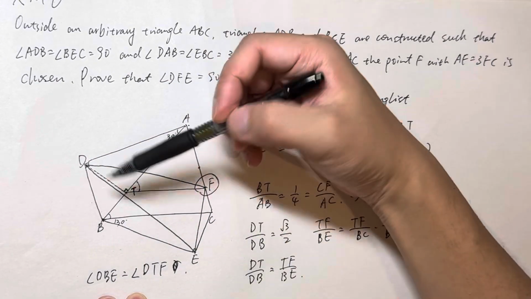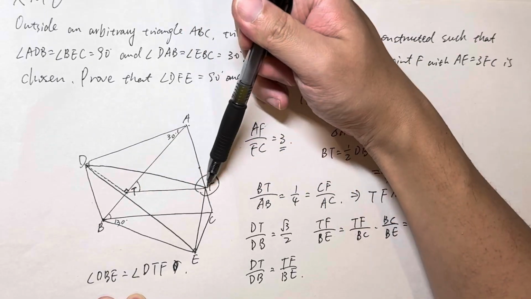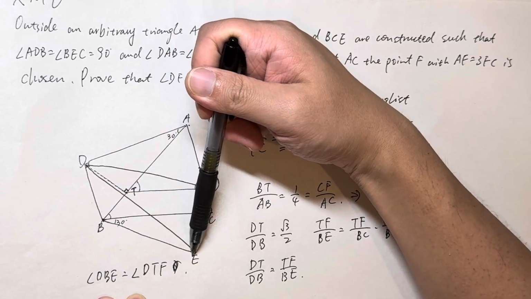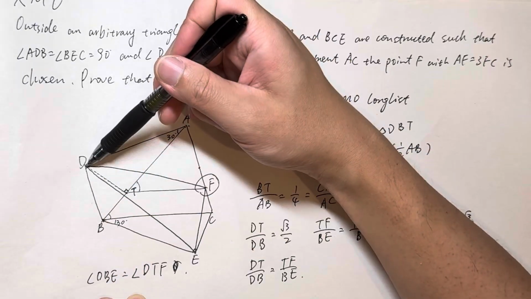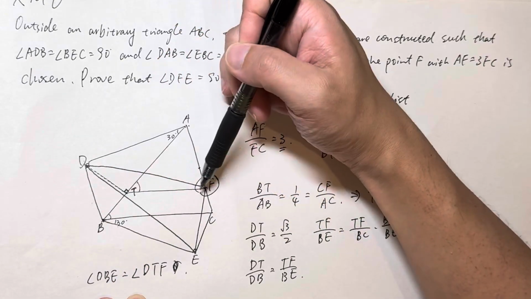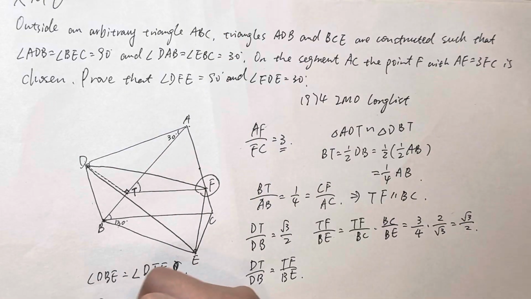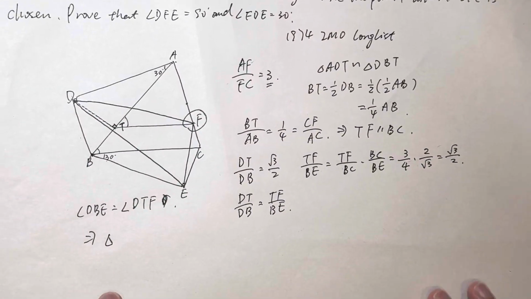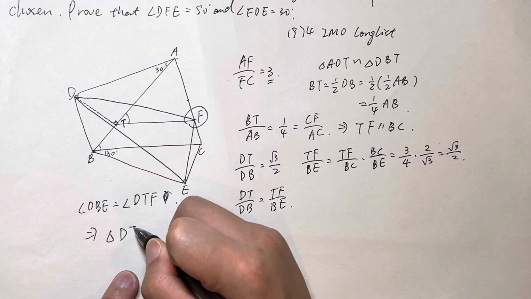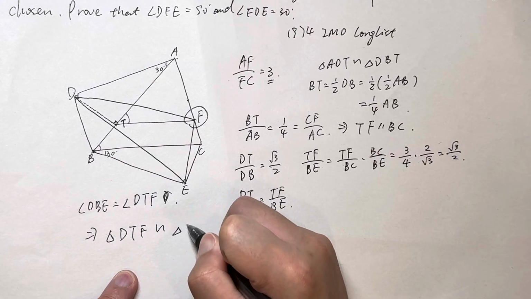Therefore, we get TF to BE equals DT to DB, and angle DBE equals angle DTF. So we know that triangle DTF is similar to triangle DBE.